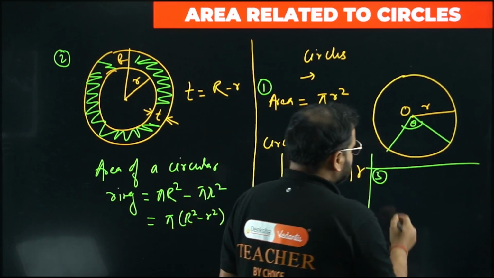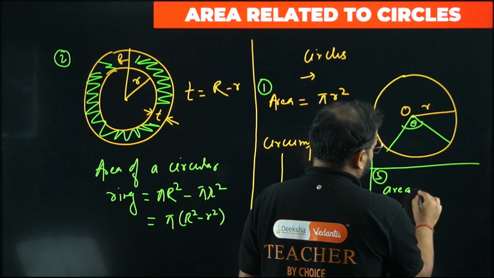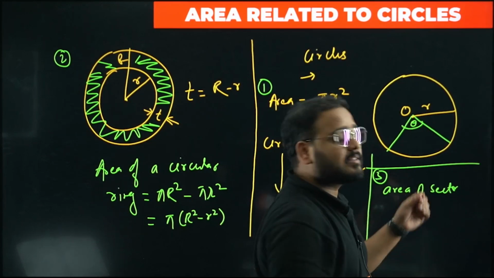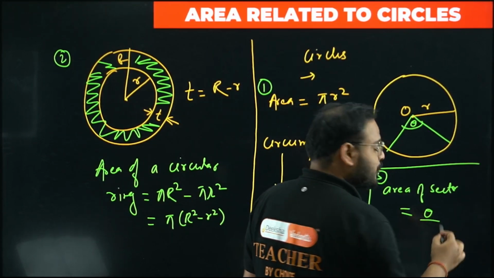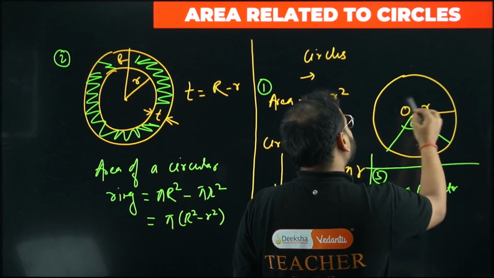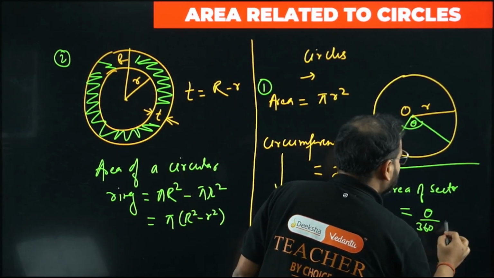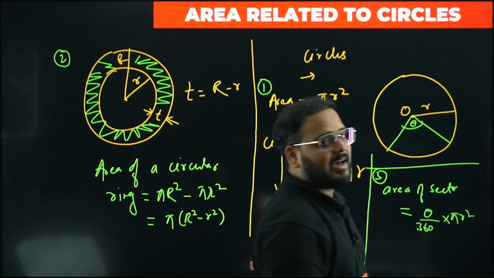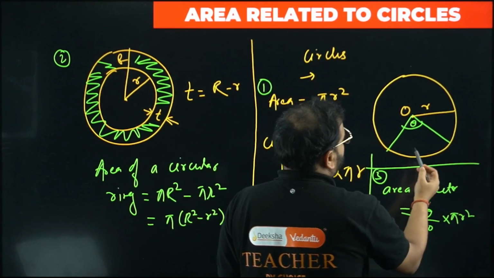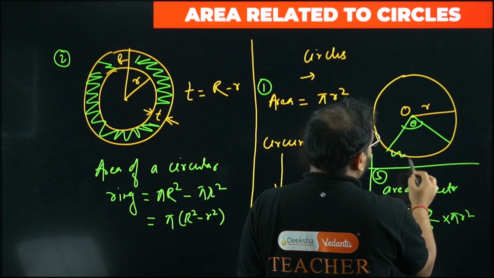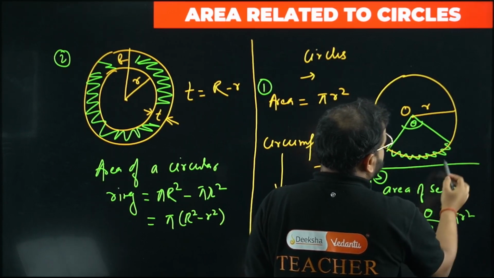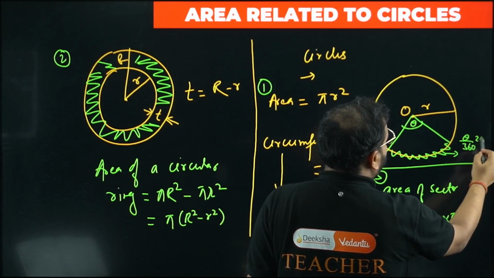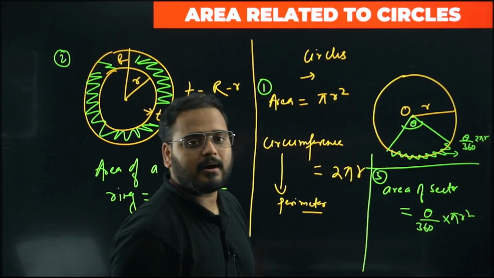So the area of the sector is given as theta by the total angle of the circle, 360 degrees, times the area of the circle, so pi r square. And in the case of circumference, this length, the arc length, is given as theta by 360 times 2 pi r. Please check this out.